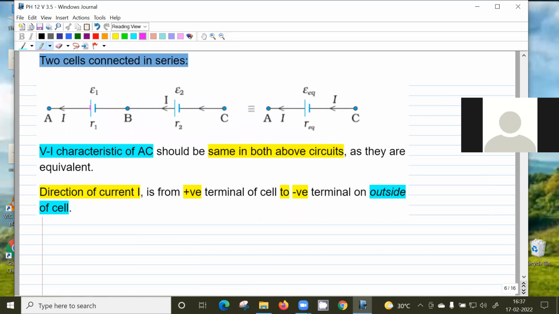If you have two cells connected in series and want to represent this combination by a single cell, let the cell have an equivalent EMF, E equivalent, and internal resistance R equivalent. I have to relate E equivalent to E1 and E2, and R equivalent to R1 and R2.